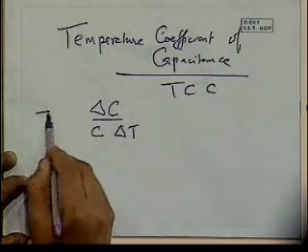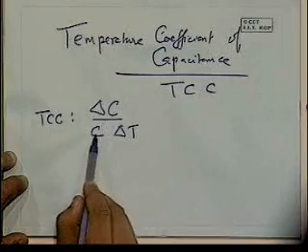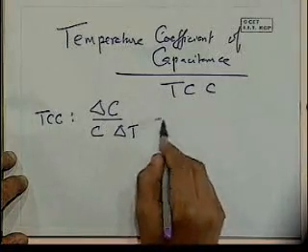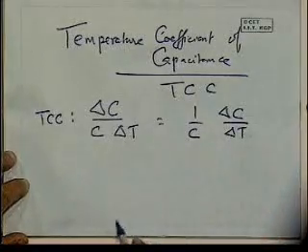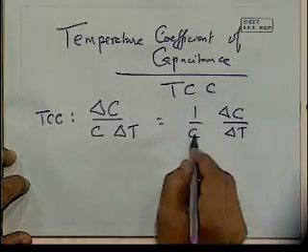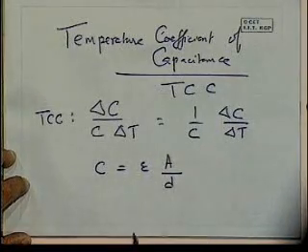That is, what is this? TCC. The fractional change in capacitance, delta C by C, per unit change in temperature, which can be written as 1 by C delta C by delta T. And remember that C here is epsilon A by D.